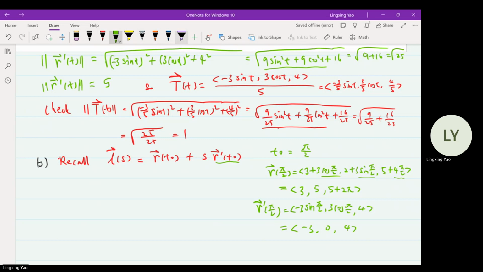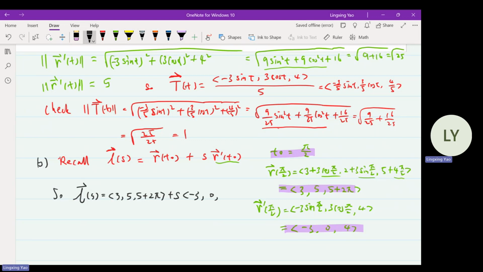So we have this information and this information, and we should be able to provide the answer. So the tangent line equation with t naught equal to pi over 2 is 3, 5, 5 plus 2 pi, plus parameter s times negative 3, 0, 4. Okay, so this is the end of the discussion for the example.